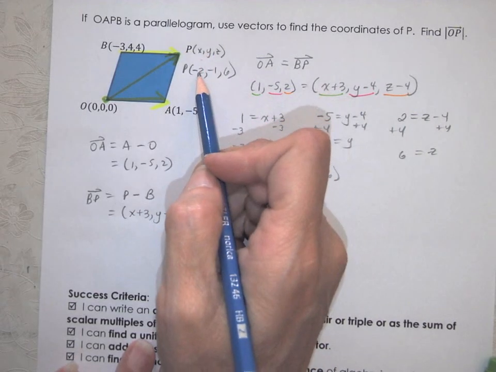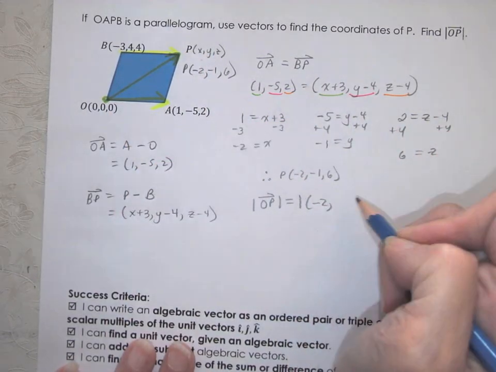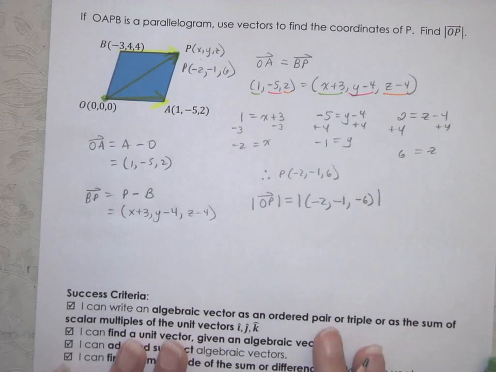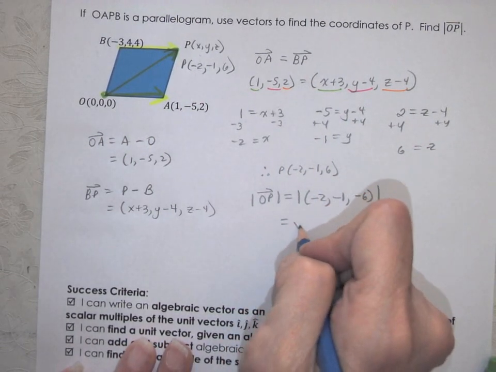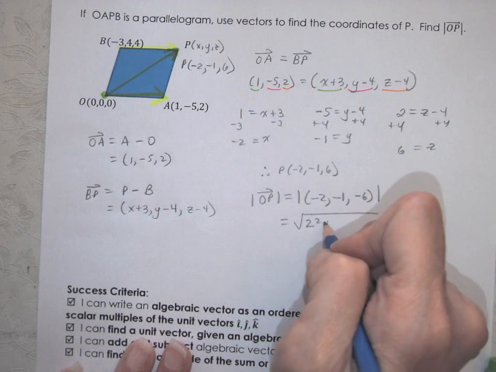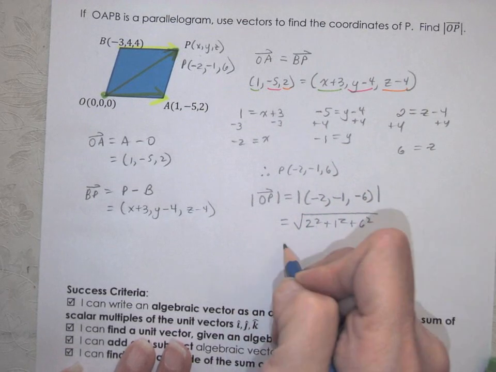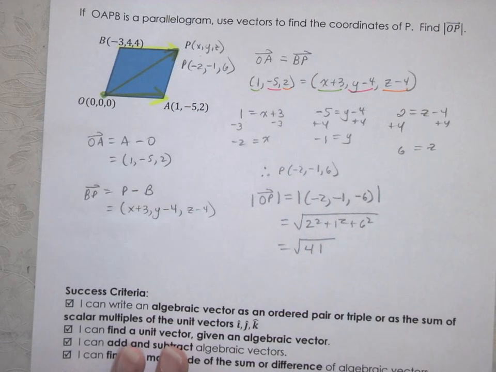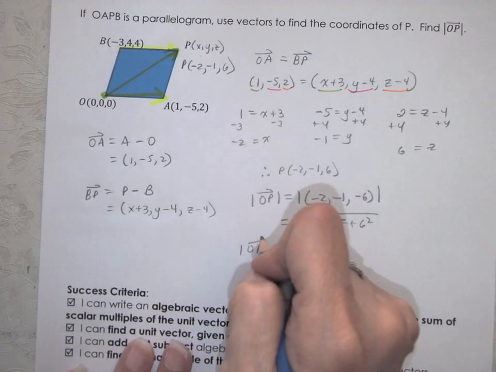So we subtract, negative 2 minus 0 is negative 2. Same thing here. But now we want to find its magnitude, which is the square root of 2 squared plus 1 squared plus 6 squared, which is the square root of 41. So there's the magnitude of vector OP.